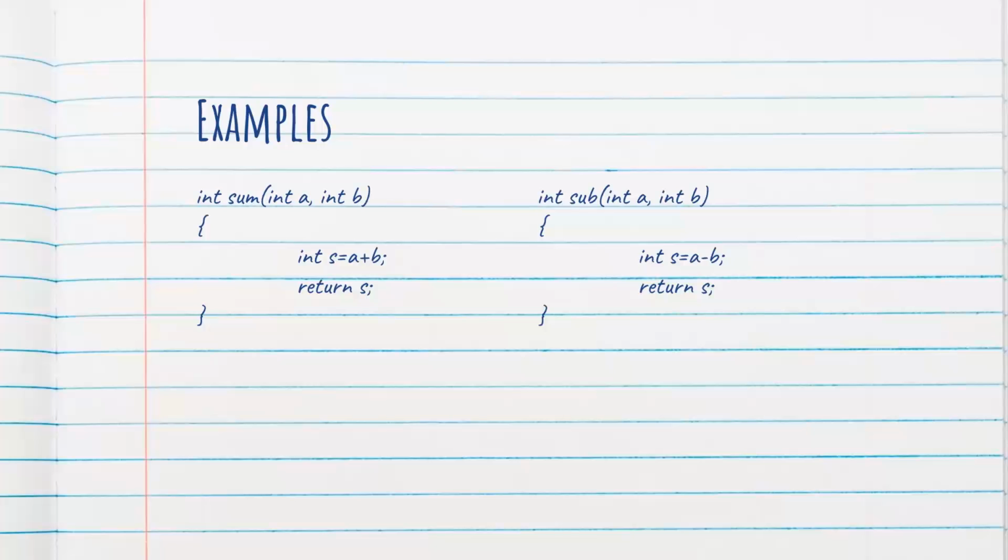Now you can see in the delimiters that it is finding the sum of a plus b and it is returning s. Return is a keyword that we will discuss when we do functions practically. Similarly, there is another example of subtraction which also contains two parameters a and b, and this function is returning the difference of a and b.